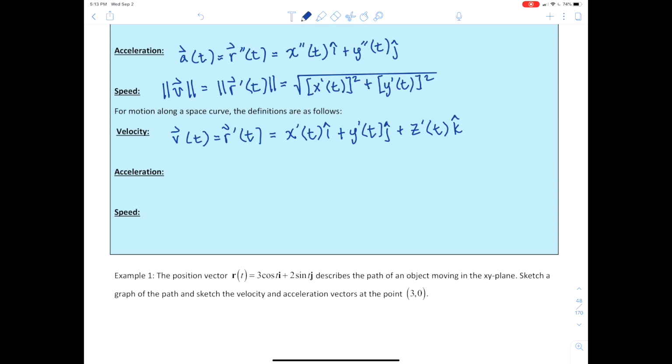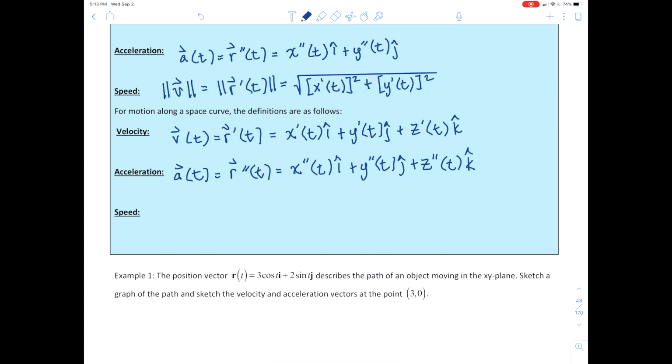The acceleration, a(t), is r''(t), which would be x''(t) i plus y''(t) times j, and plus z''(t) times k.